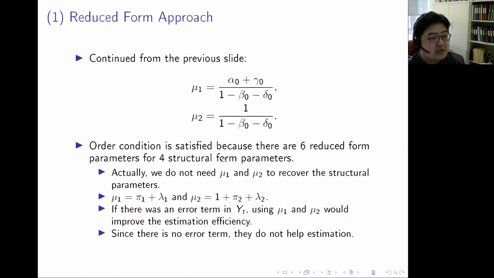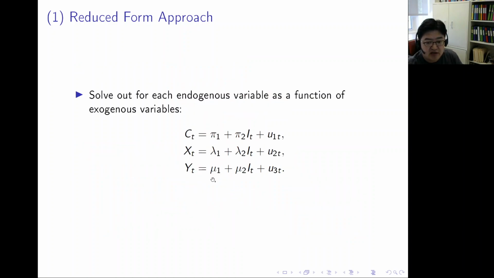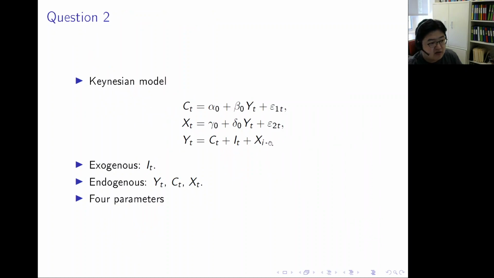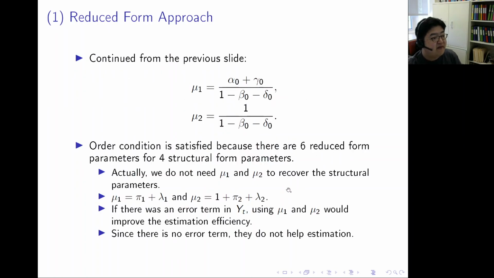So then, what's the difference? In theory, analytic solution does not cause any difference because you know the relationship. But in finite sample, if there was an error term in this equality, if there was a third error term in here, then ignoring it will lose some efficiency because different equations contain different weighted error terms.